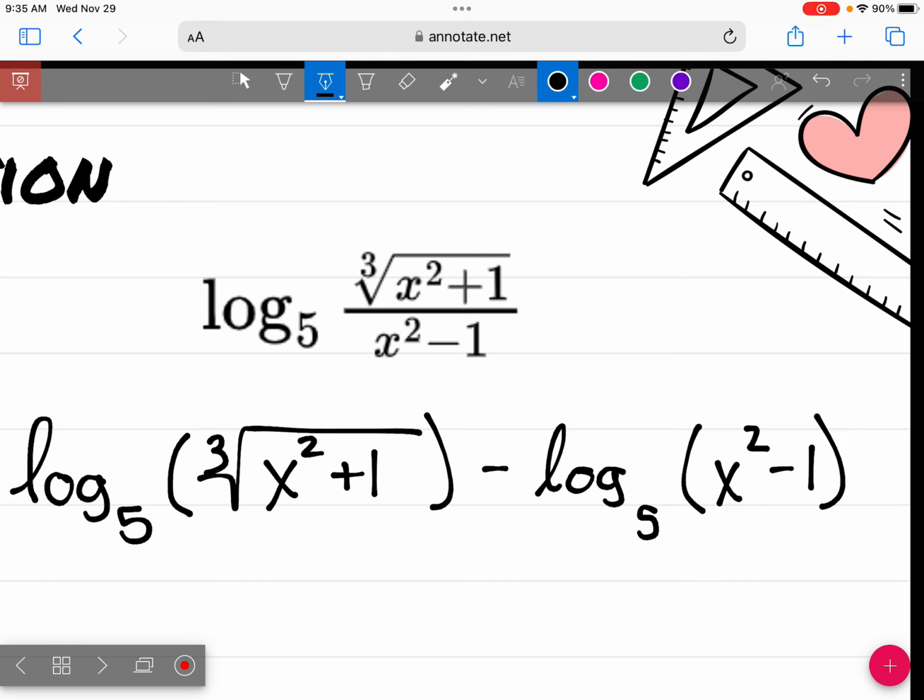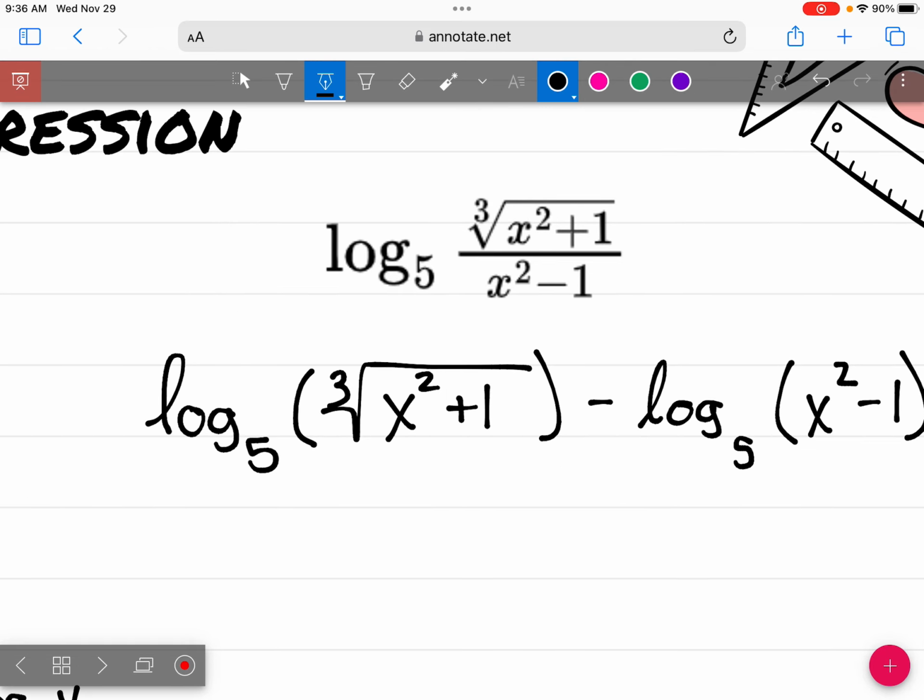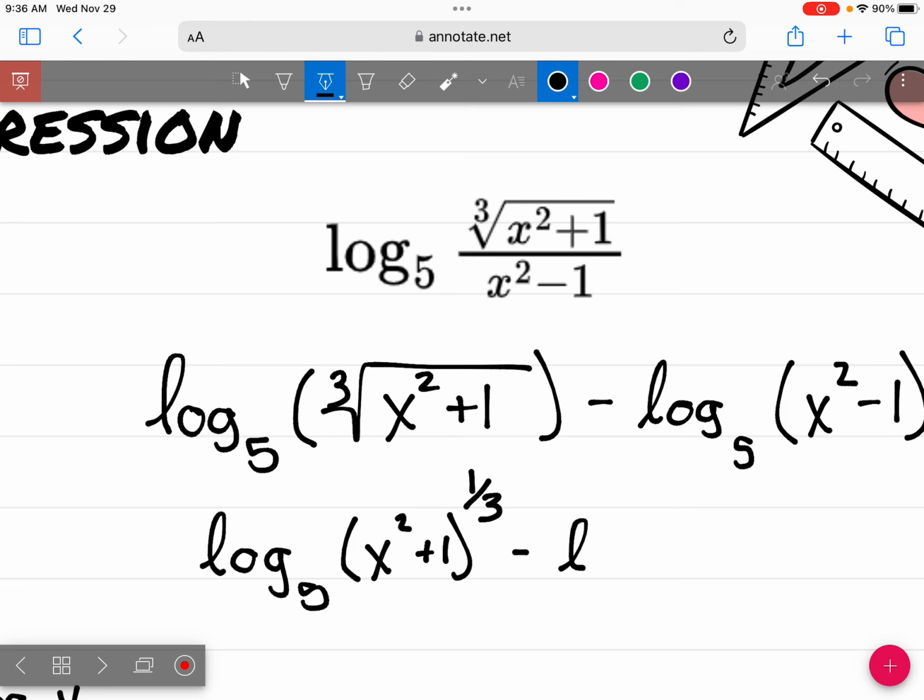But then we can make that choice of, well, I'd really rather not have it be in the cube root. Let's put it as an exponential. Log base 5 of x squared plus 1 to the 1/3, right? Minus our log base 5 of x squared minus 1.